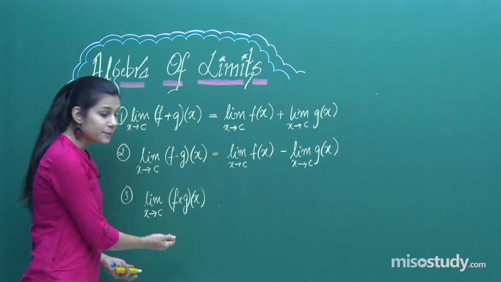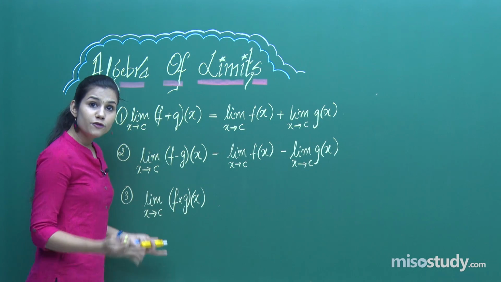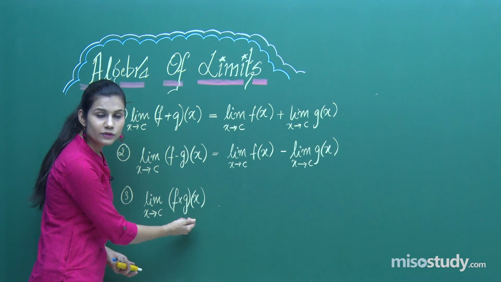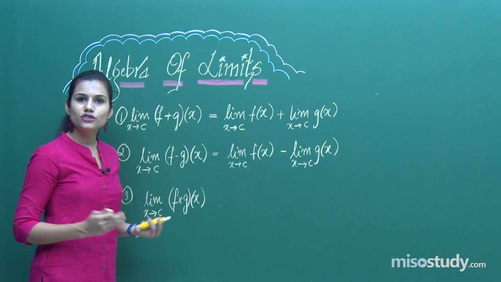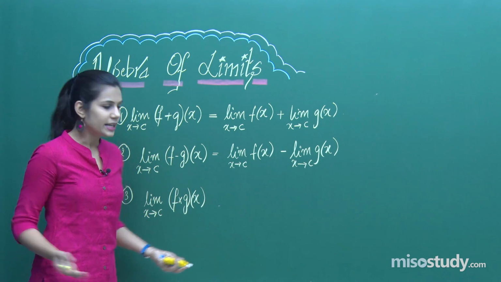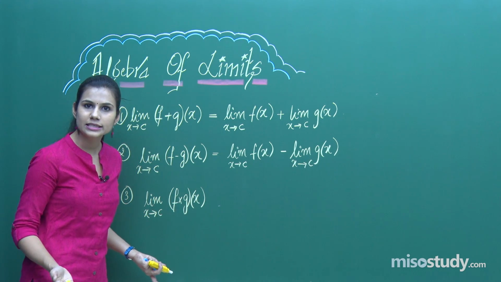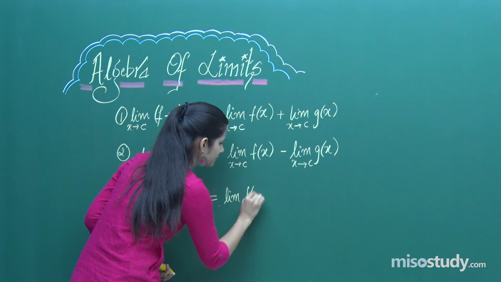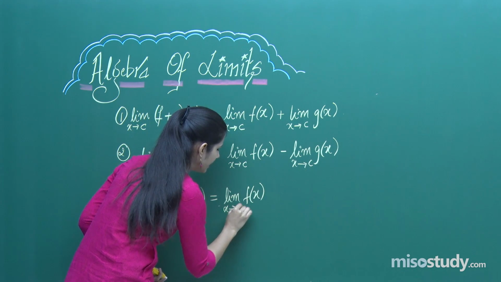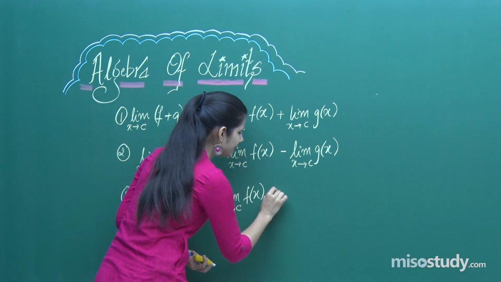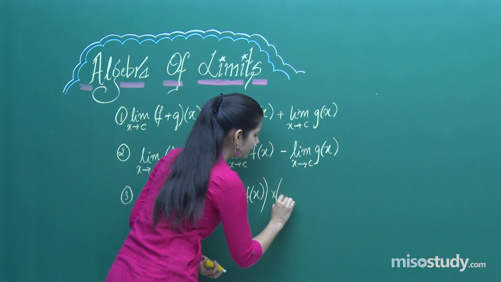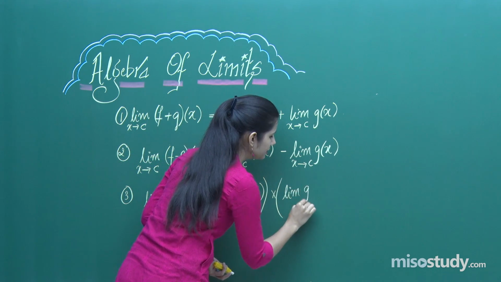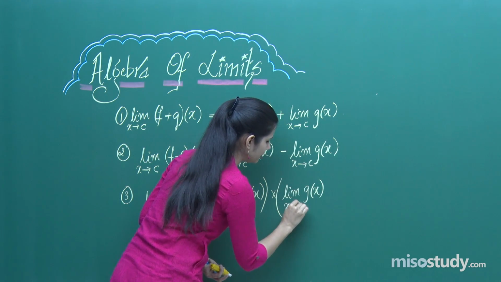Because if you give me the limiting behavior of f at C and the limiting behavior of the second function g at C, I will just take the product of them and I will obtain the limiting behavior of f into g at C. This is equal to the limit of f at C multiplied by the limit of g at C.